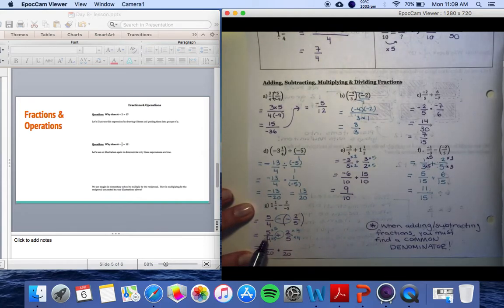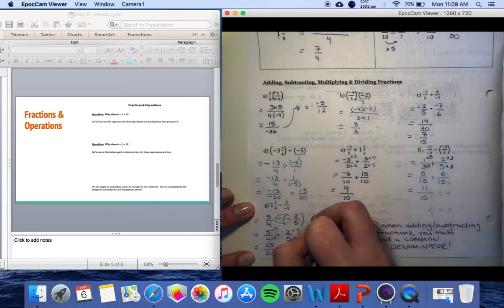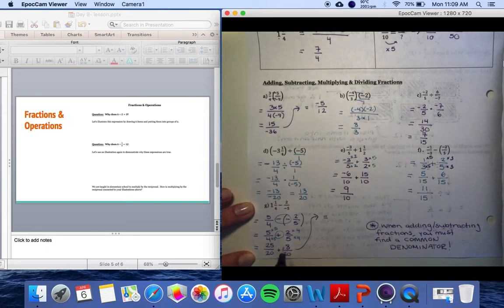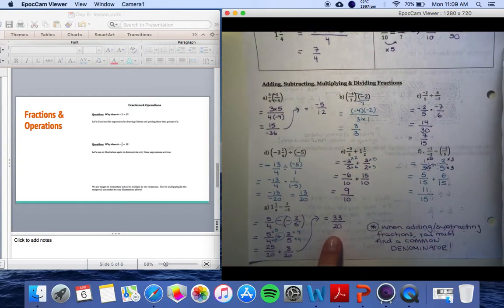The first fraction, I'd have 5 times 5, which is 25, 2 times 4, which is just 8. So 25 plus 8, that equals 33 over 20. And no, that cannot be reduced.